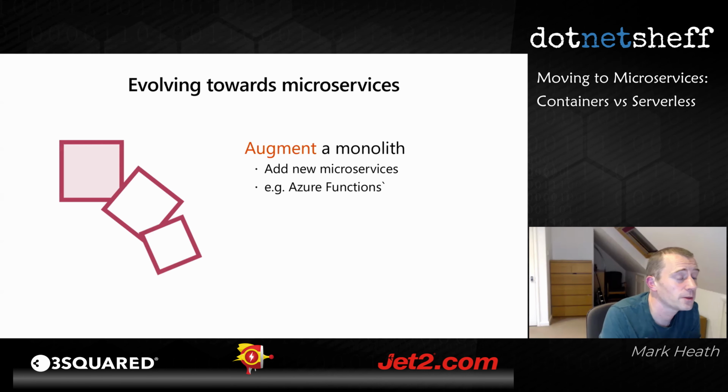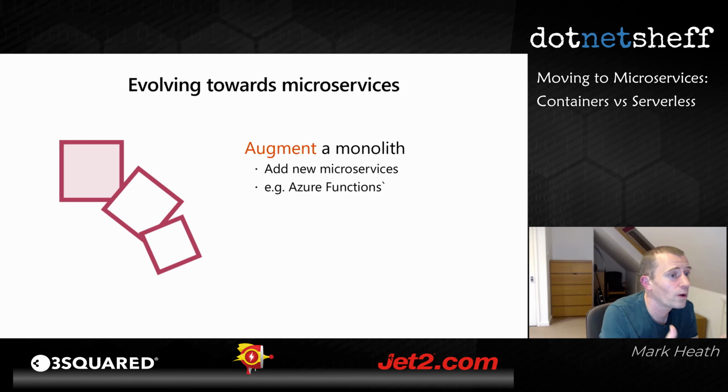However, of course, you can do exactly the same thing with containers. You've got somewhere to host those containers, whether it be an AKS cluster or using Azure Container Instances, or even just installing it on the same virtual machine that's running your monolith. It is possible to augment a legacy system by adding new functionality as containers.